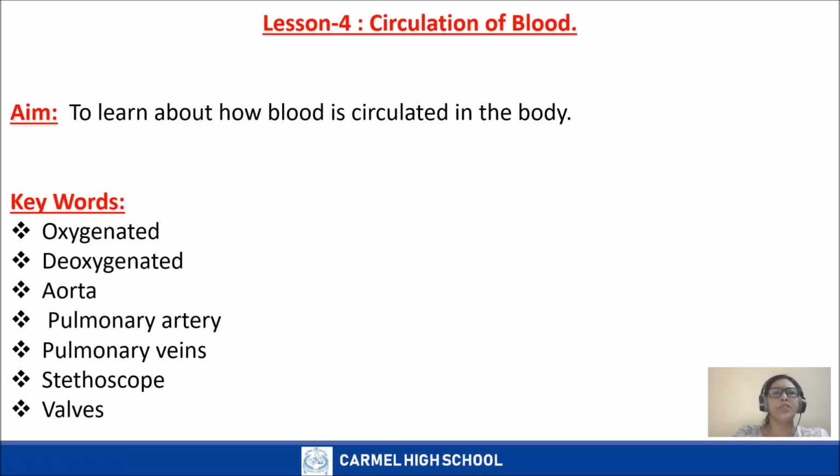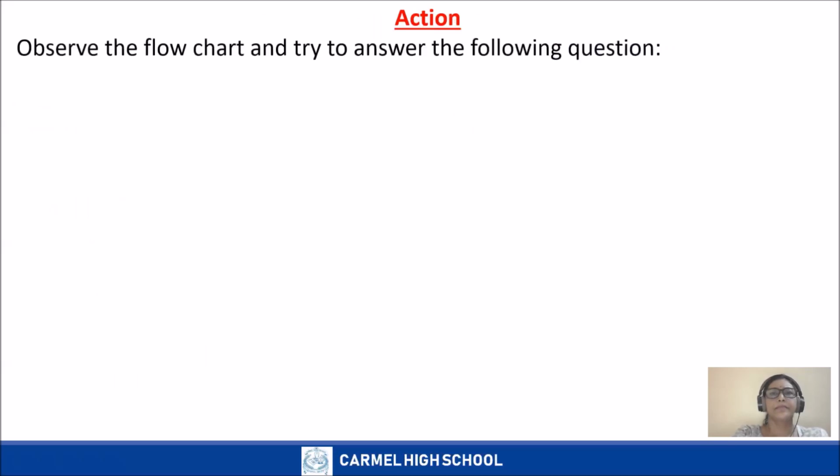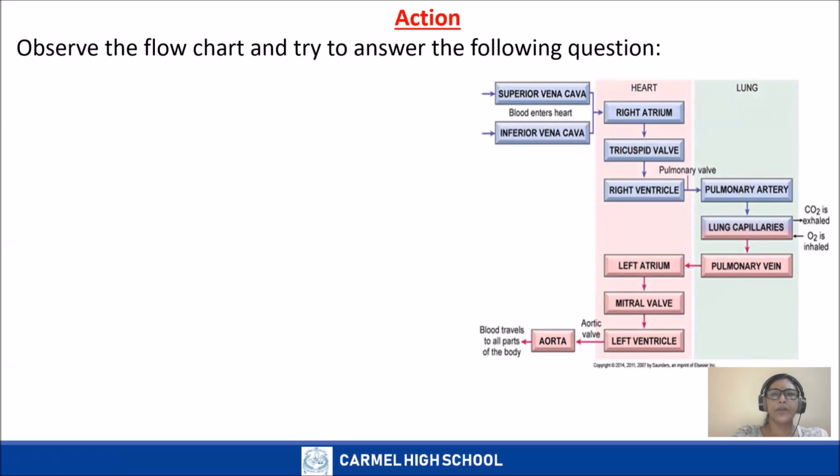So observe the flow chart carefully, and some questions will be displayed which you will be answering in your notebook. So listen to the explanation part and observe the flow chart very carefully, and try to answer the following questions.